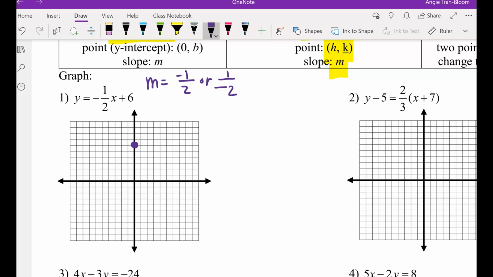Make at least 3 to 4 points so that your lines are super straight. The more points you make, the straighter your line, and then use your straight edge and connect them. No freestyle on lines, okay? They don't look very good.